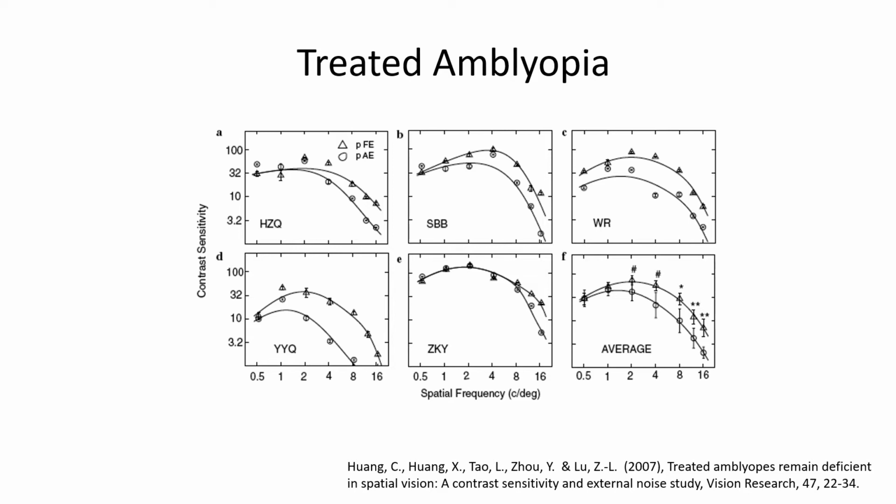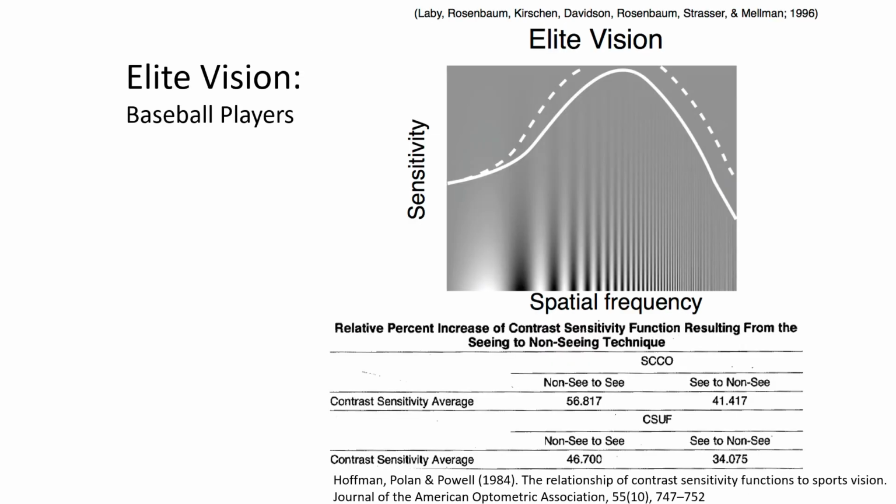In this case, patients with recovered visual acuity still have large contrast sensitivity deficits. For people with elite vision, such as baseball players, the contrast sensitivity is much better than normal.